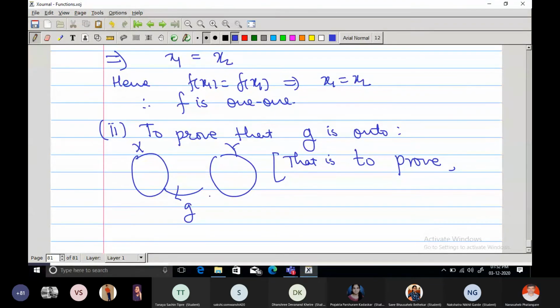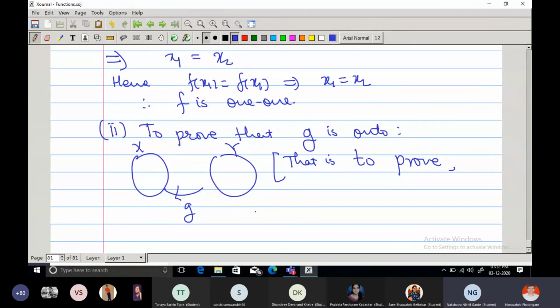What is the domain of g? Y. And what is the codomain of g? X. And we want to prove that g is onto means what?